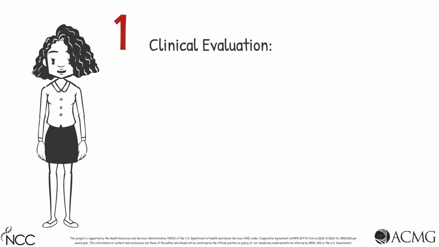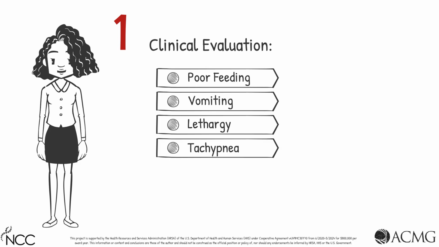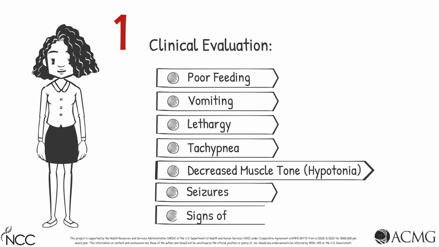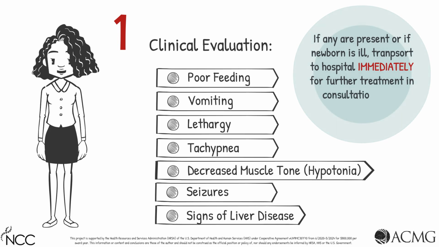Arrange for a clinical evaluation, paying special attention to signs like poor feeding, vomiting, lethargy, tachypnea, decreased muscle tone or hypotonia, seizures, or signs of liver disease. If any of these are present, or if the newborn is ill, facilitate transport to a hospital for further treatment in consultation with a metabolic specialist.